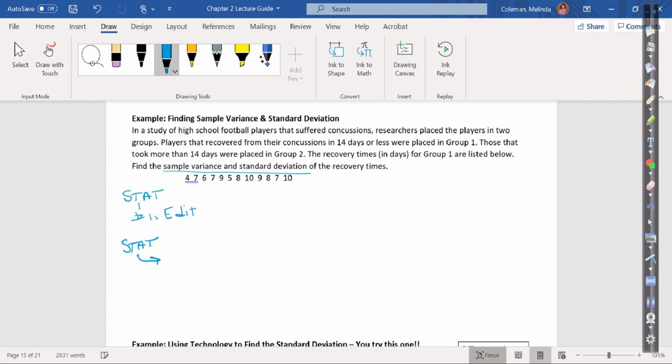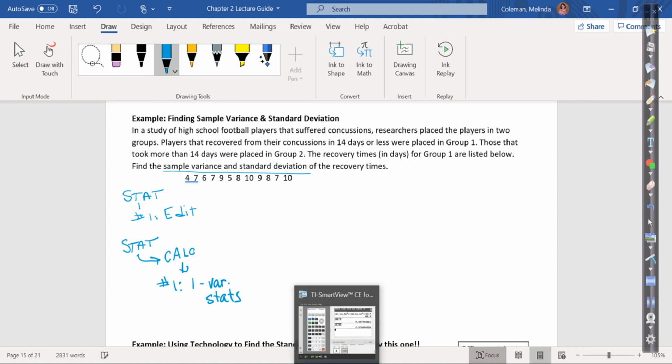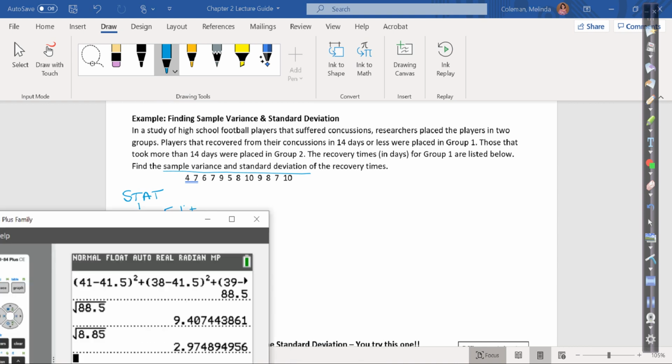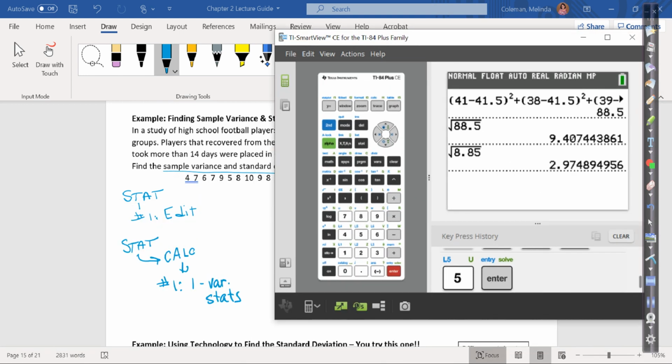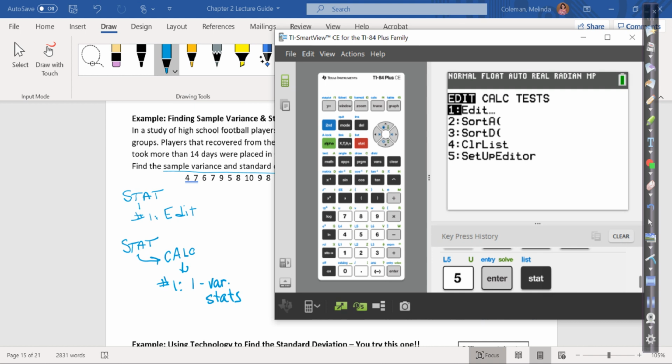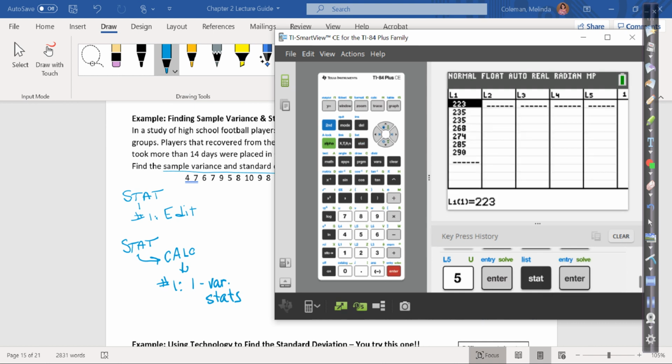We're going to tab over to calculate, and then hit number 1, which is 1 variable stats. So I'm going to go to my calculator, go stat, hit number 1, and enter the data.